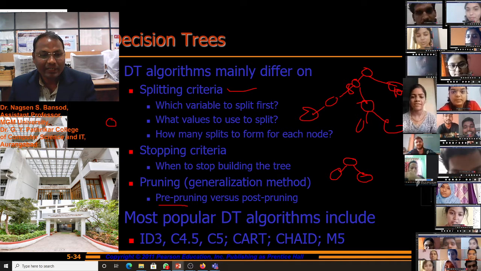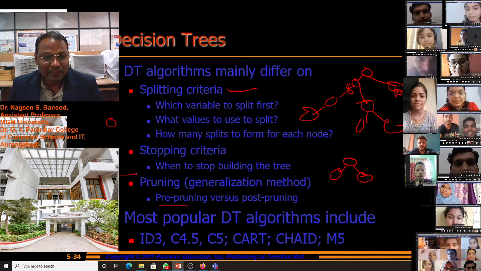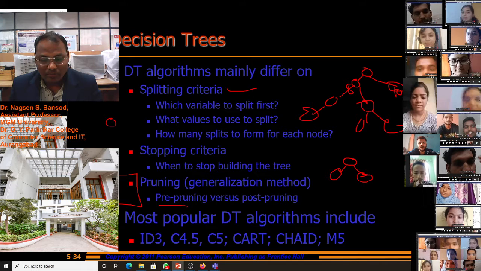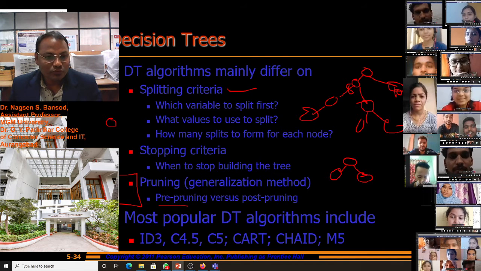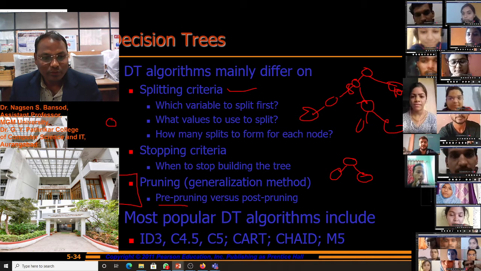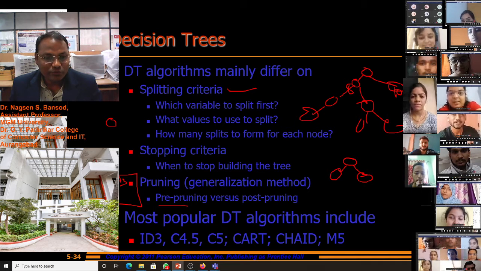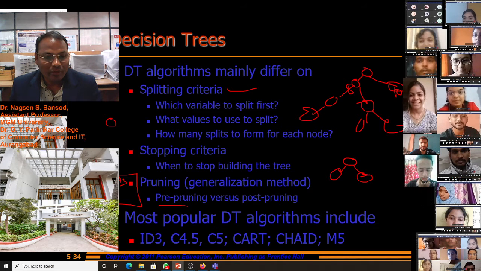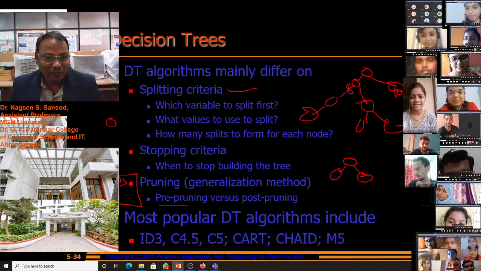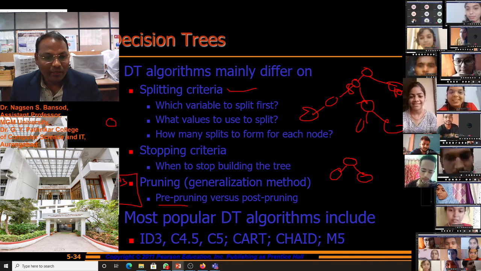Suppose we have a data set D, and in this data set we have the attributes A1, A2, A3 like this, and in A1 there are Y and N values, meaning positive and negative values, in column A.